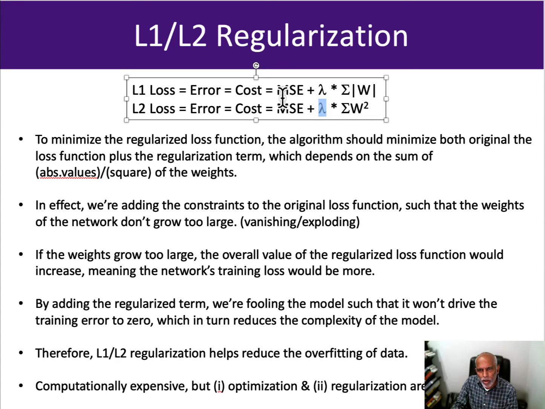Because you want to minimize this loss function, it's not purely the mean square error. If you don't have a cost associated with the parameters, you will have only this to minimize. But we want to associate a cost with increasing the number of parameters. That cost is the summation of the parameter values or of their squares.